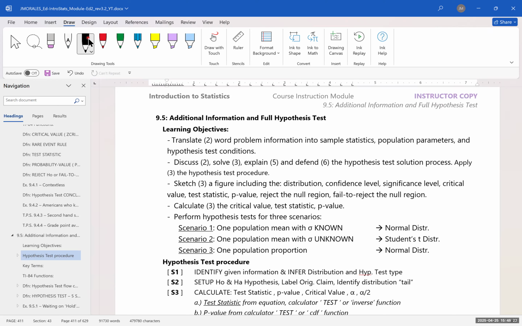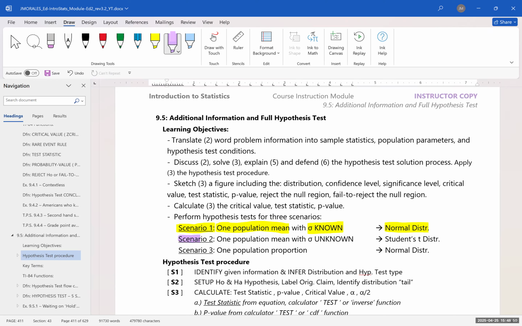Now in chapter 9, there are three different types of hypothesis tests that we could do. The first scenario is where we've got one population mean and the population standard deviation is known. We'll be using a normal distribution for that kind of hypothesis test.